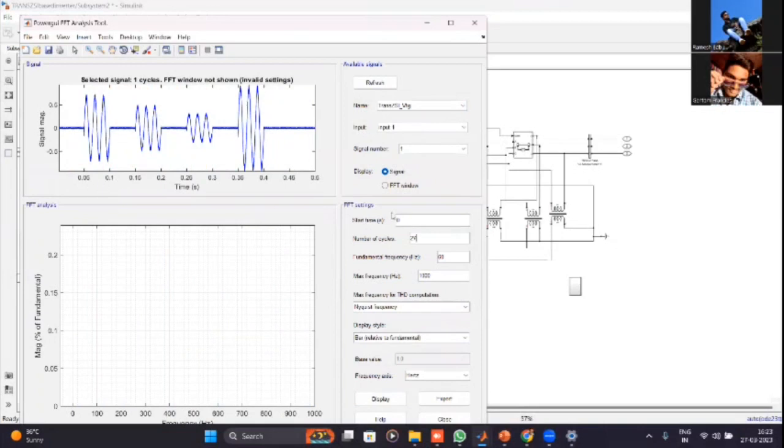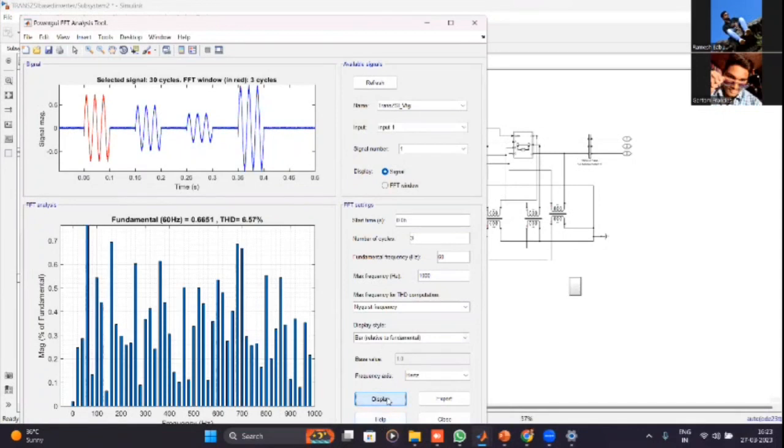We are placing 0.05, with the time period of 3, because here we have seen 3 repetitive cycles. So we are trying to measure the THD values. Now we are going to find the THD values for the remaining ones.